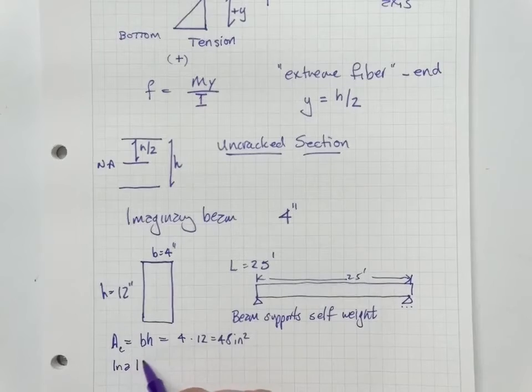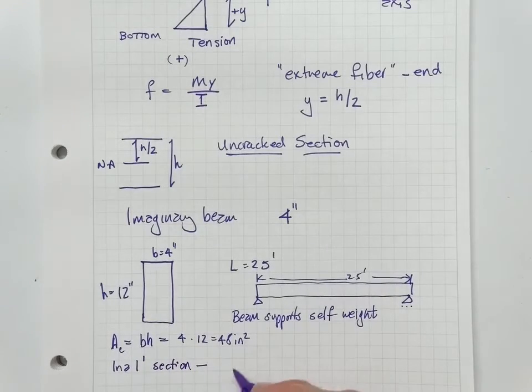In a 1-foot section, that means there's 48 times 12 cubic inches, which is equal to a number.